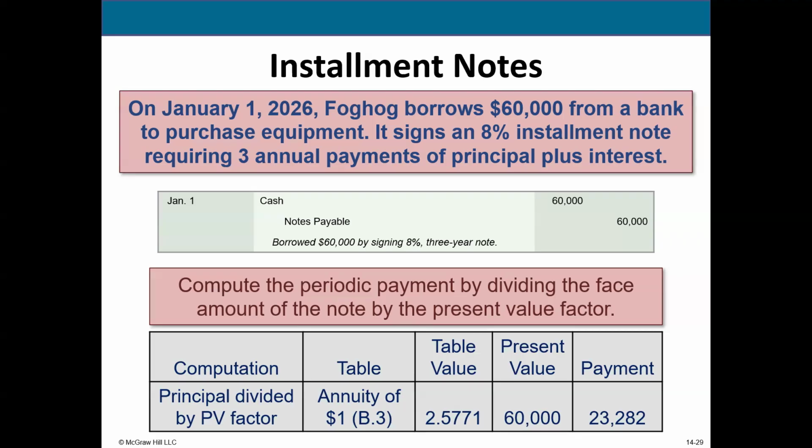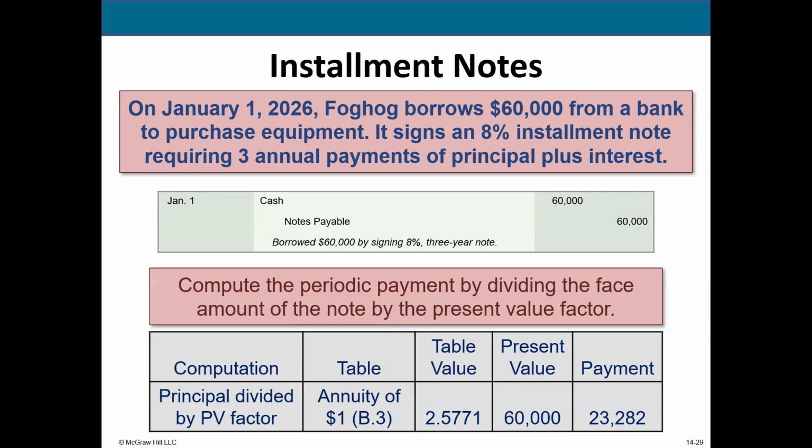So this requires annual payments of equal amounts. In other words, we're going to pay the same exact amount over the life of the loan for those 3 years. So in this example, we've used what's called an annuity table, which represents a way that we can find the present value of a loan.